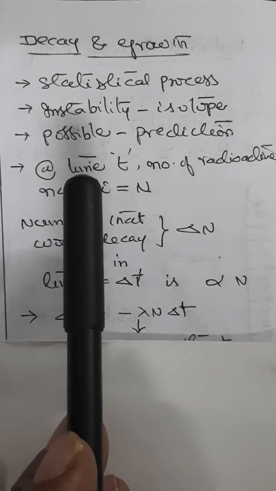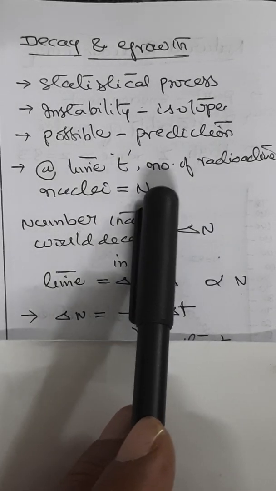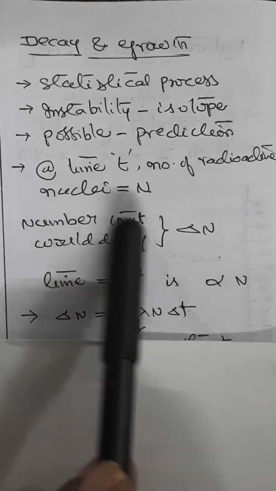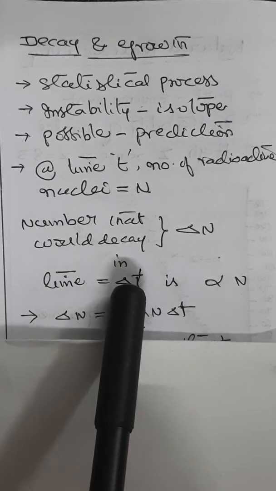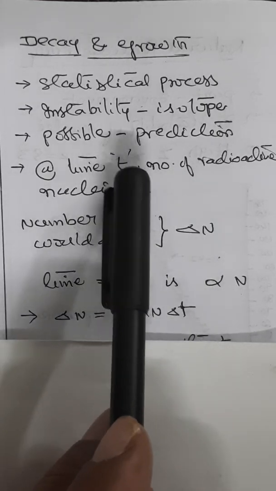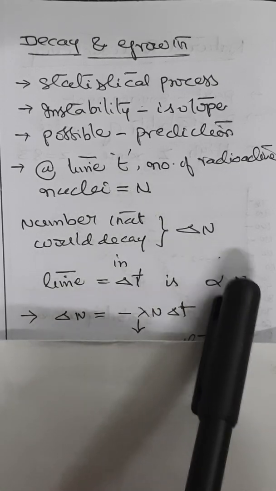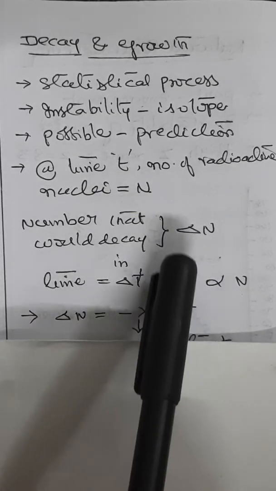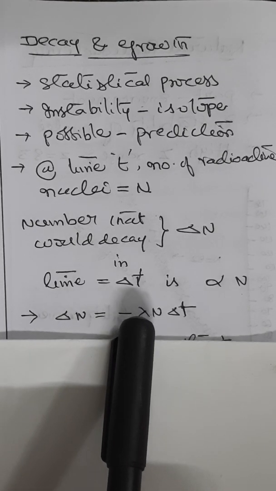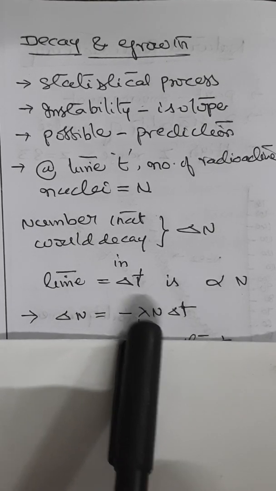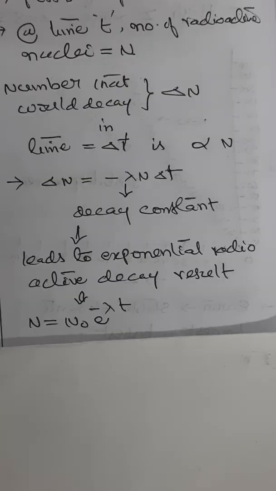That is, if we assume at a time t the number of radioactive nuclei is N, the number of nuclei that would decay, let us say, is delta N. In a time interval of delta t, this decay is directly proportional to the number of radioactive nuclei available here. Then the relation can be expressed as delta N is equal to minus lambda N delta t. Here lambda, the constant of proportionality, is termed the decay constant.